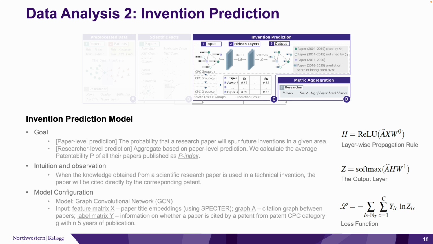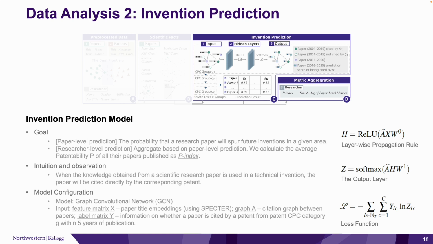Here, we use a GCN model to predict the probability that a research paper will spur future inventions in a given patent category. The input of the model includes the paper titles and the paper citation graph, and the label matrix indicates whether a paper is cited by a patent category.